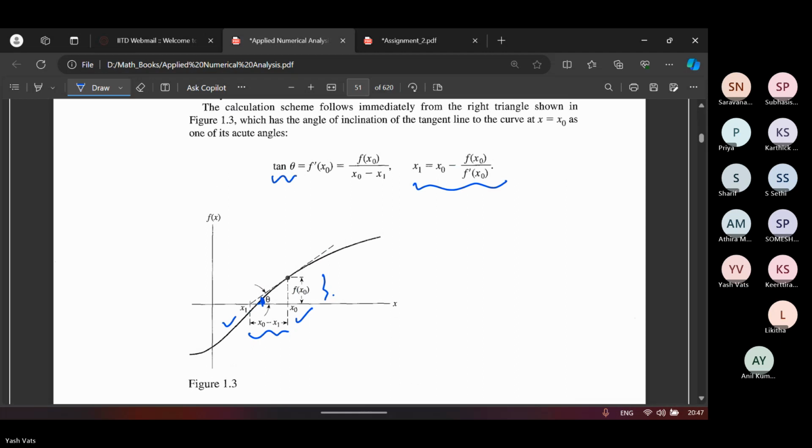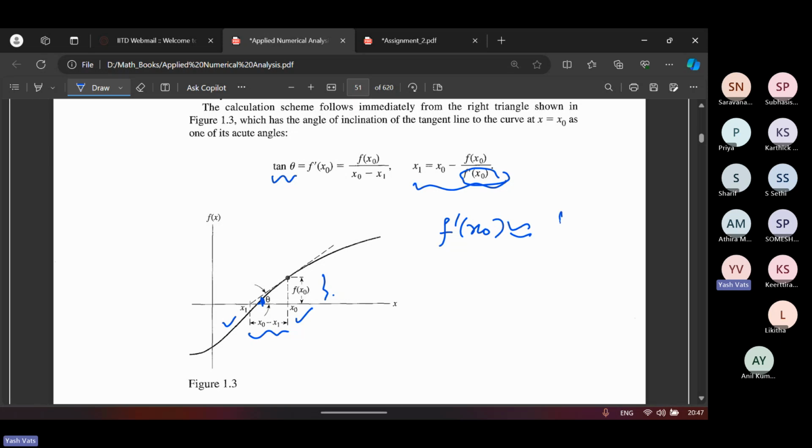So what similarity do you notice between the second method and the Newton-Raphson method? What is the similarity? You don't know? Okay. So this f prime x naught is basically replaced by this one.